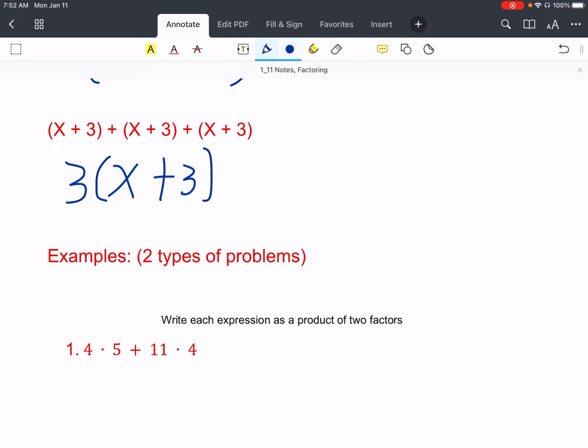So what we want to notice is that these are both being multiplied by 4. So that is a factor that we can factor out. So we are going to factor out a 4, and they are both being multiplied by 5 plus 11. So we can say 4 groups of 5 plus 11.